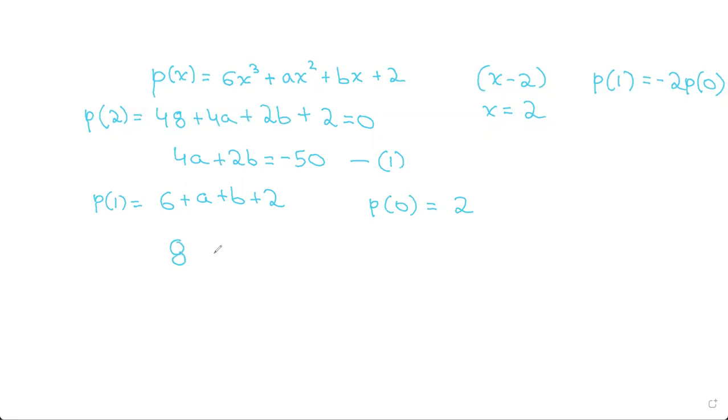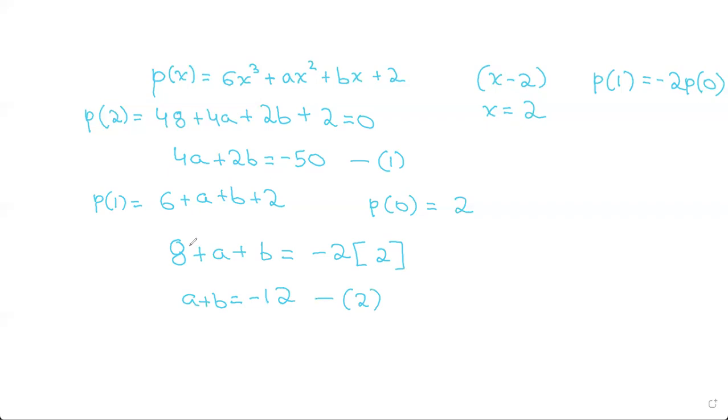So 8 plus A plus B equals minus 2 into 2. Okay, so A plus B, minus 2 into 2 is minus 4, minus 4 minus 8 is minus 12. So A plus B is minus 12. So this is equation 2.